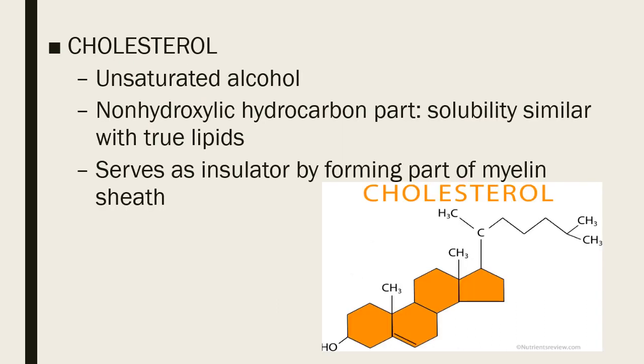Your cholesterol is the representative of your sterols, and it is the most abundant. It is widely distributed in the body, in all cells, and a concentrated amount is present in the nervous tissue.